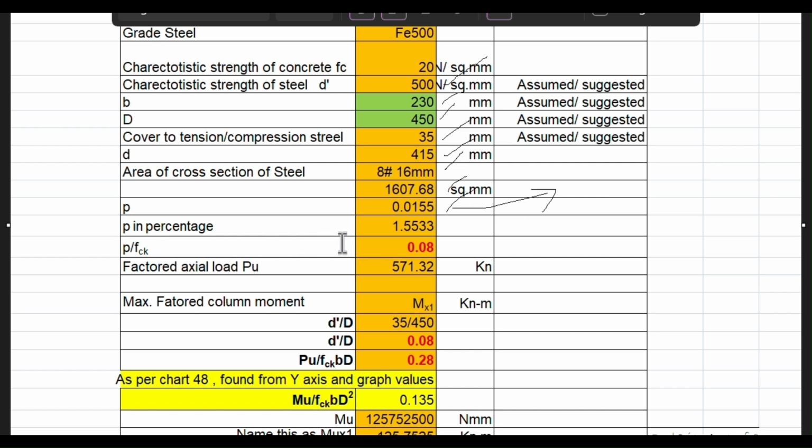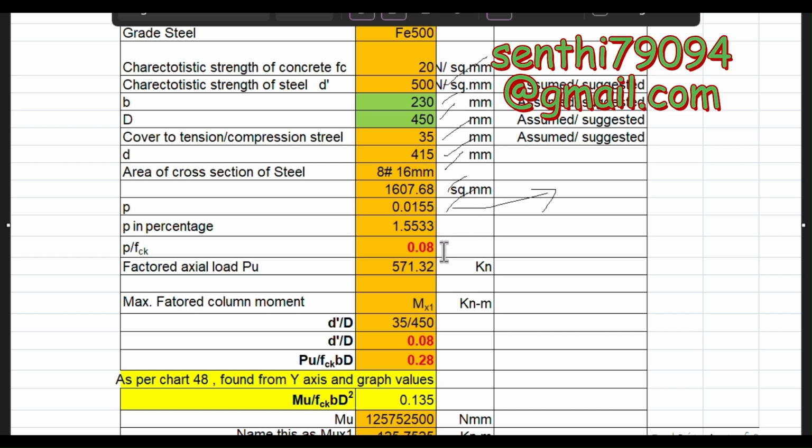Now we multiply this by 100 to get the percentage. Okay. Now P by fck. We have already done this in the previous screenshot. The value is 0.07.